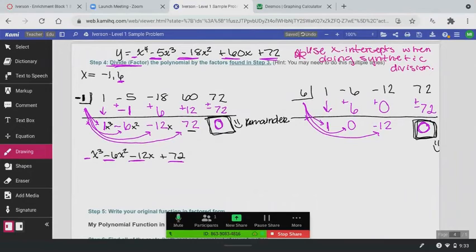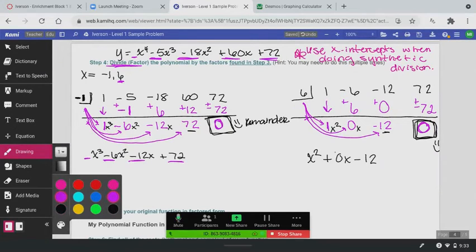Yay! So now I need to start creating this as a polynomial again. So -12 becomes my constant, 0 is my x, and 1 is my x squared. So if I were to rewrite that, I would write it as x squared plus 0x minus 12.